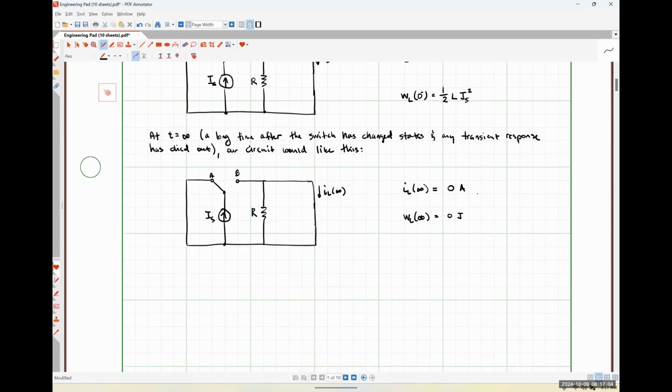For 0 plus is less than or equal to t is less than infinity, this is what's describing the transient condition.